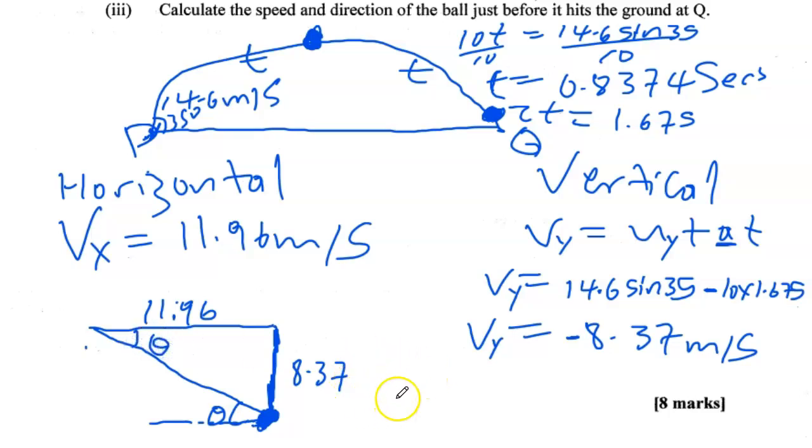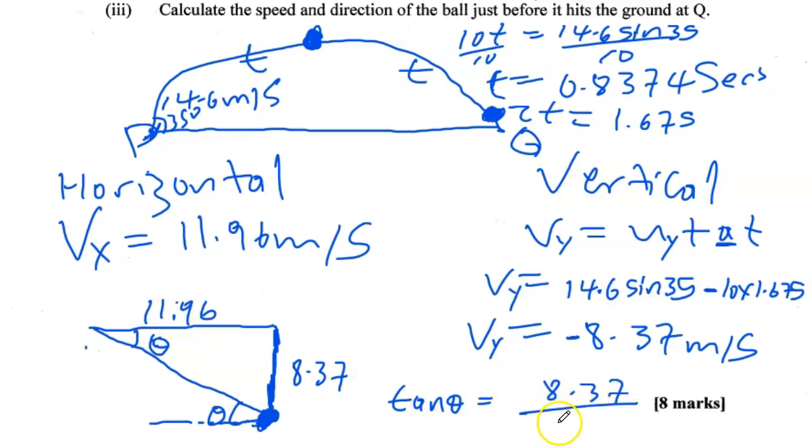So to get this angle, we can use the tan ratio. So tan theta, tan is opposite over adjacent, or the y component over the x component. So if you call this angle theta in the triangle, opposite is 8.37.